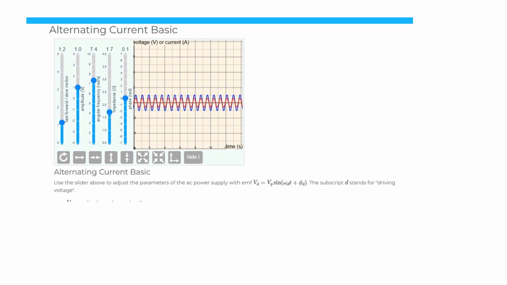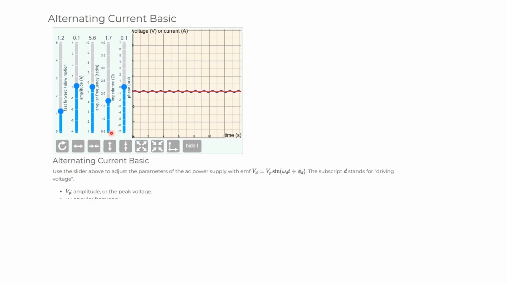You can also see how the other parameters change. Suppose the amplitude is fixed and now you change the frequency; you can see the shape of the graph changing.